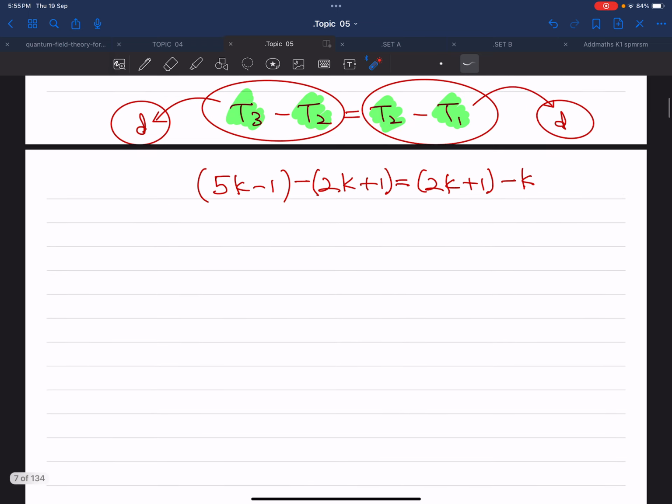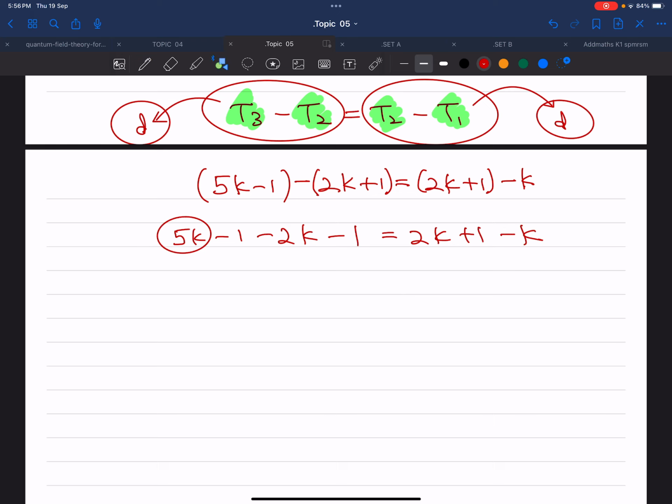Okay, we continue. On the left hand side, now it would become 5K minus 1. The negative you multiply inside, which becomes minus 2K minus 1. Right hand side, 2K plus 1 minus K. We collect the K terms, 5K minus 2K gives us 3K.